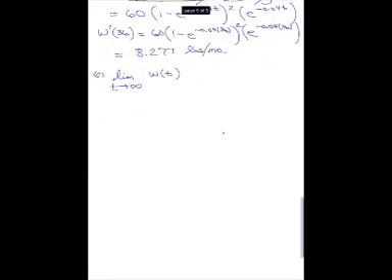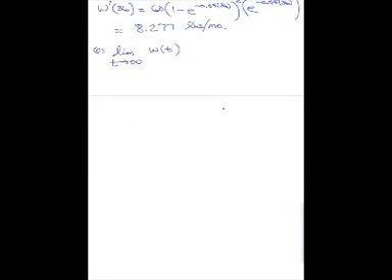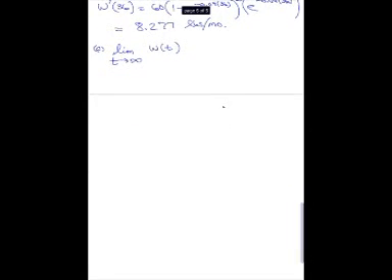So basically, what you're looking for here is the limit as t goes to infinity of the original function, 500 times (1 minus e to the negative 0.04t) cubed.